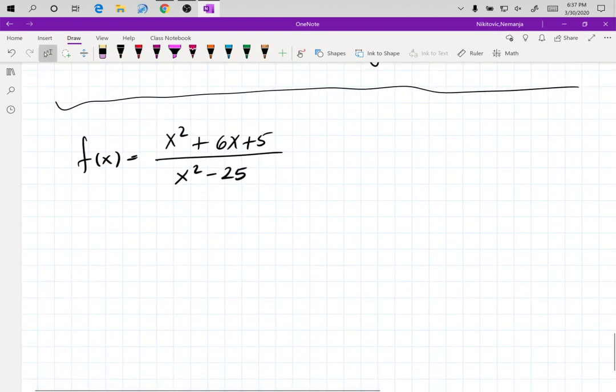So this example was the one that I did earlier for vertical asymptotes.